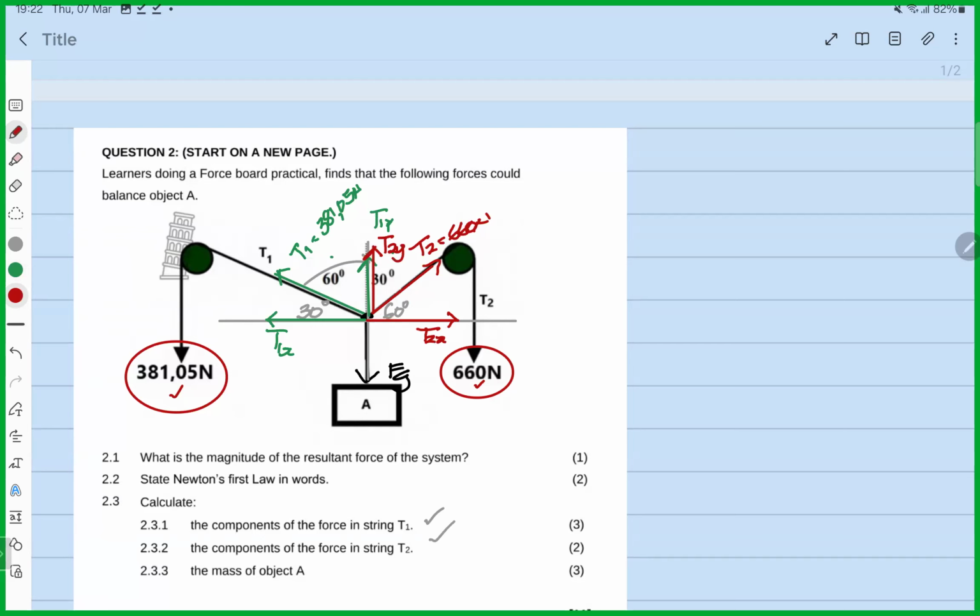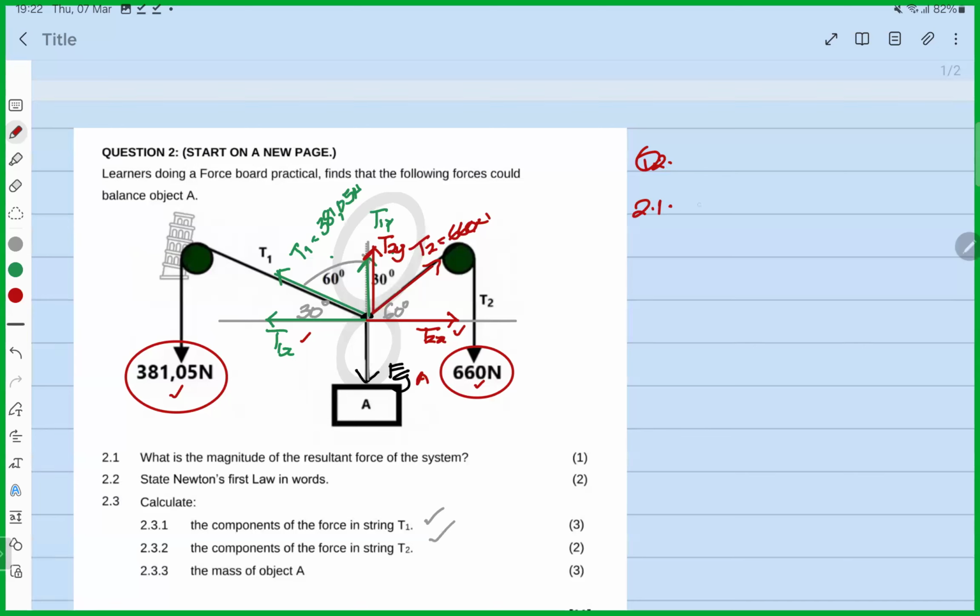Because the system is in equilibrium, the horizontal components will cancel out the effect of each other. And also, what will cancel out the effect of each other are the vertical components. In other words, T1y plus T2y added together will equal the gravitational force of mass A. What is the resultant force on the system? Well, it's in equilibrium. We know the answer to that.